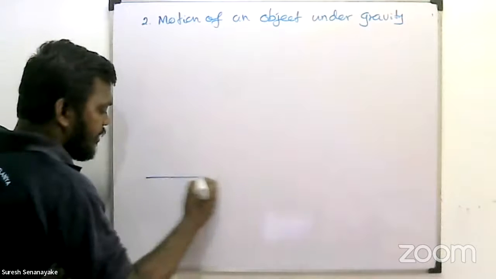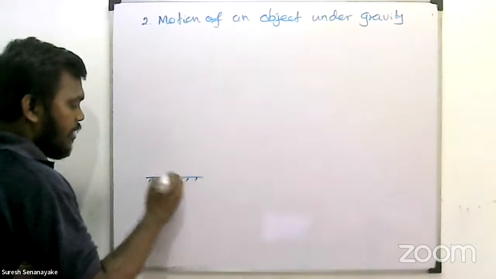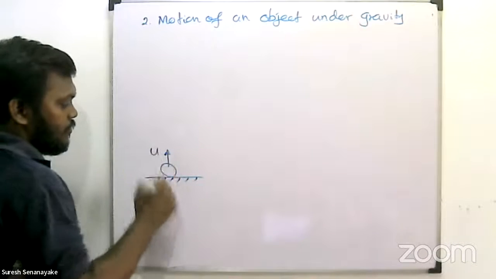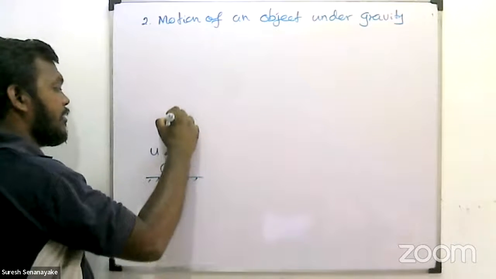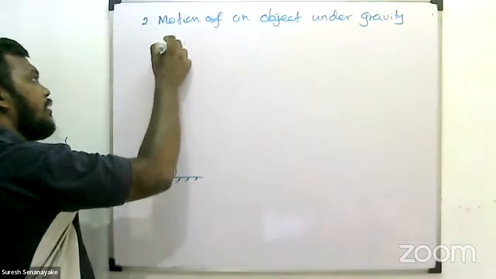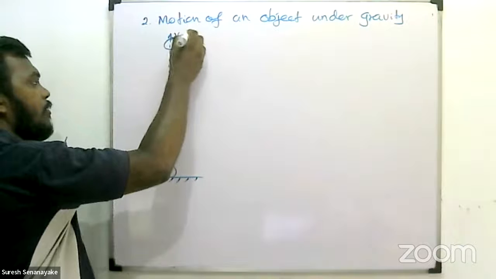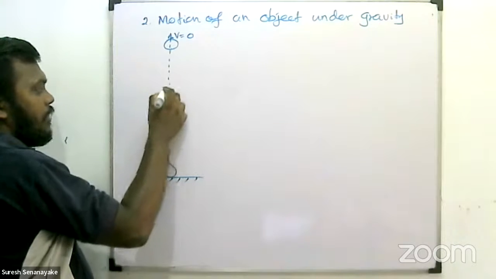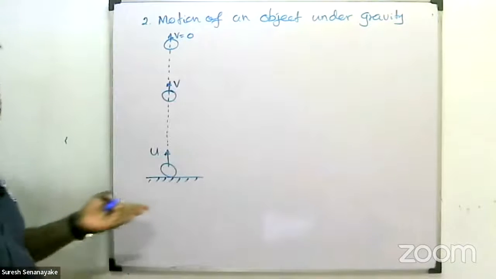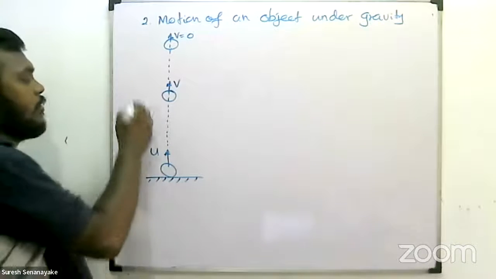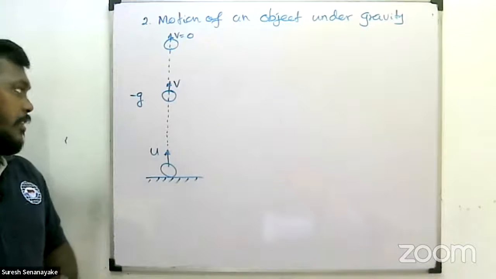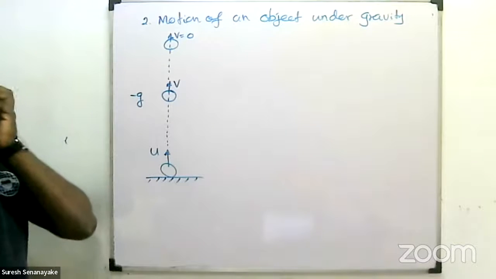I will consider that we projected an object from the ground vertically upward with an initial velocity u. We already know that when it comes to the maximum height, the velocity becomes 0, and in between the velocity decreases with time. Because it is under gravity, it moves with the gravitational deceleration, minus g.